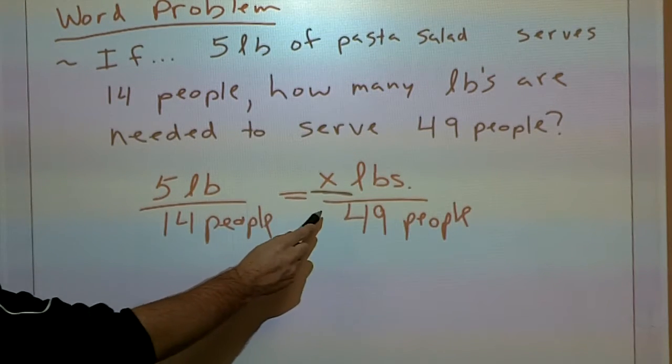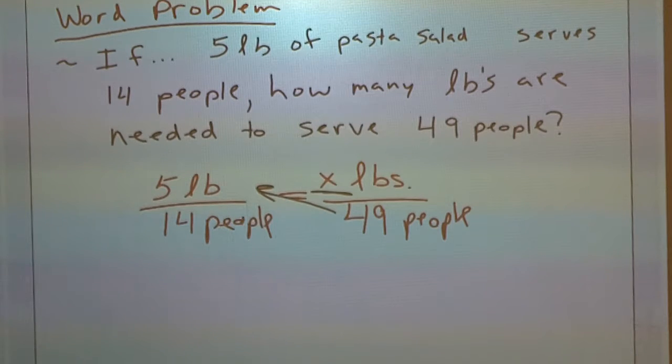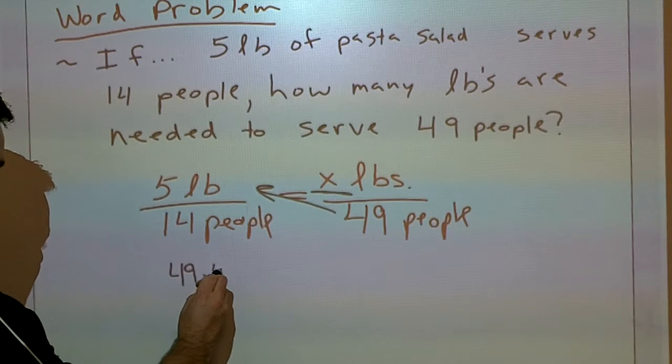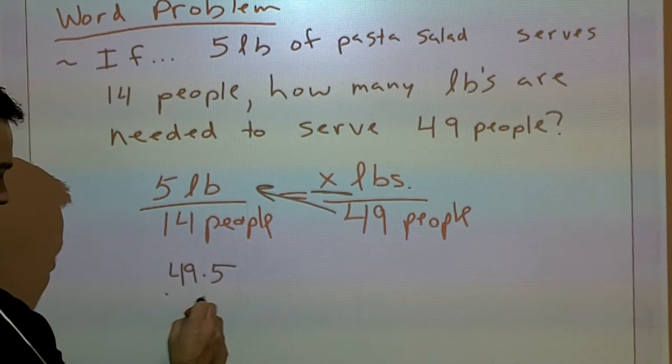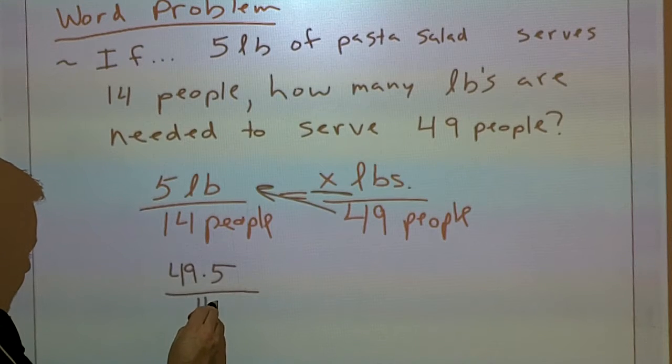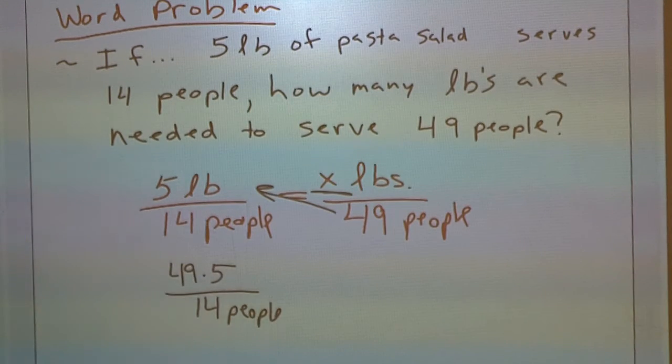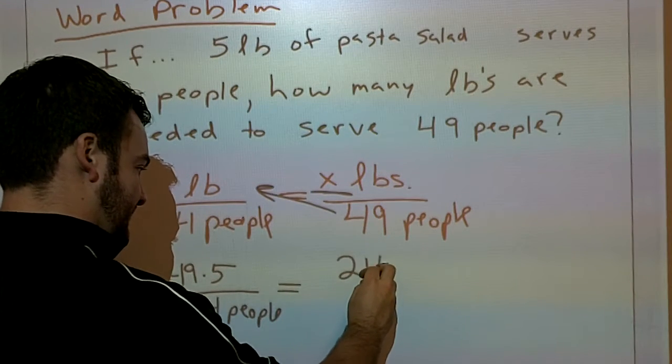So we're going to cross multiply, so 49 times 5, and divide by 14 people. Okay, 49 times 5 gets us to about what? 245.